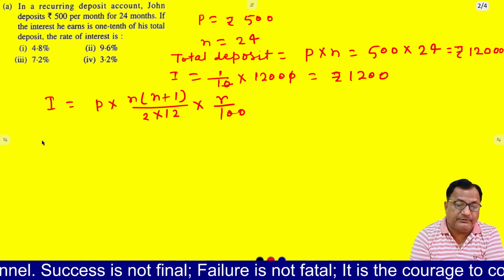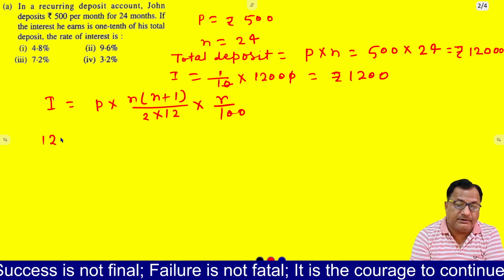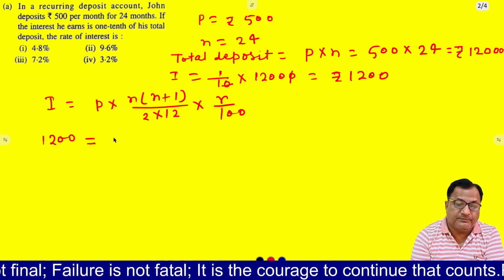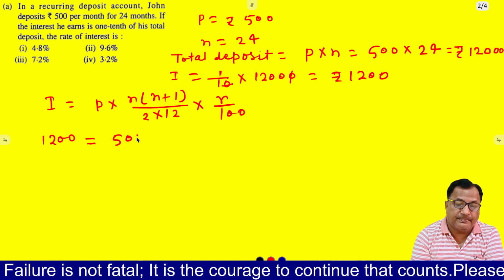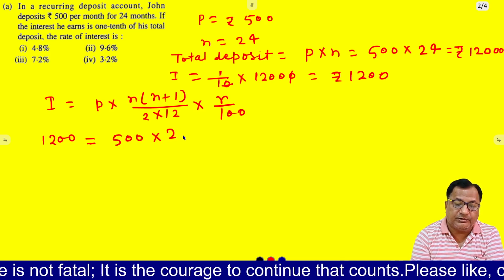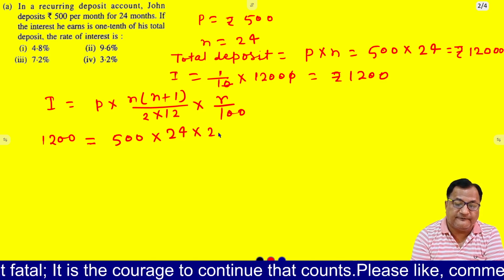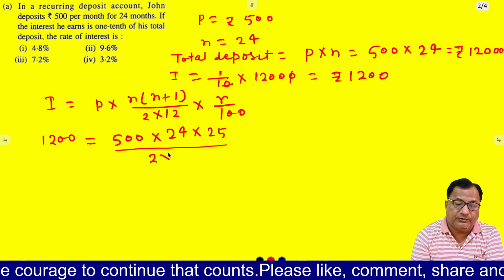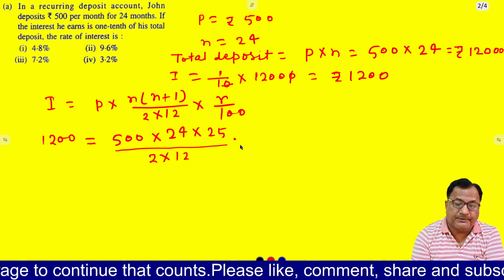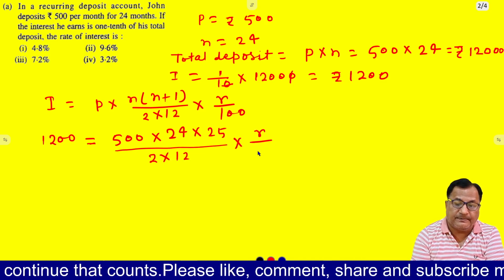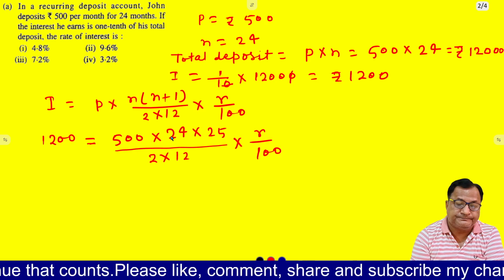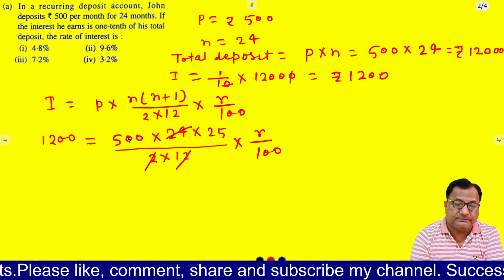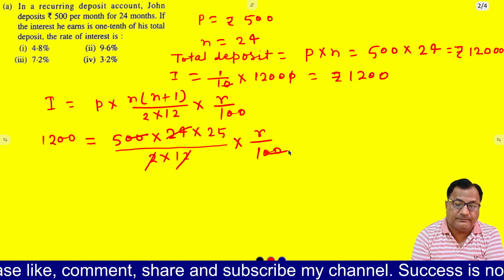Using this formula, we will write 1200 is equal to P is 500 into 24 into 25 divided by 2 into 12 into R by 10. This should be cut, this should be cut.